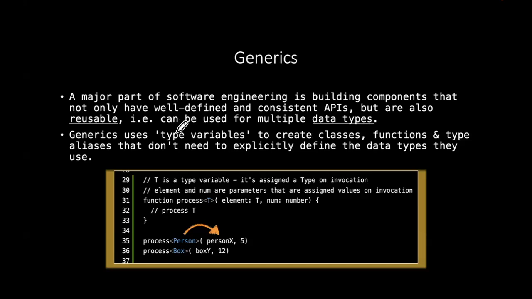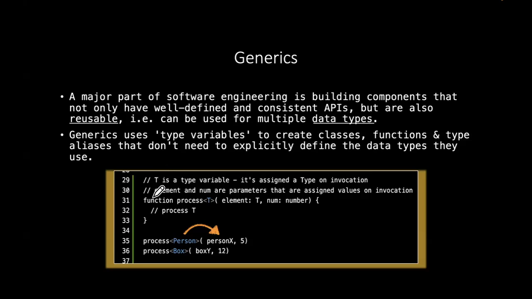The type is actually passed in as an argument, if you like, to the component, whether that be a function or a class or an interface data type. Here's an example, and again, it's the syntax that you'll probably recognize. If you've done any Kotlin programming, you'll recognize the syntax.